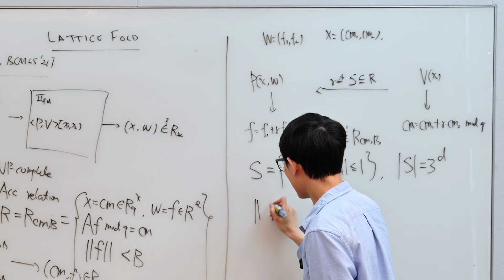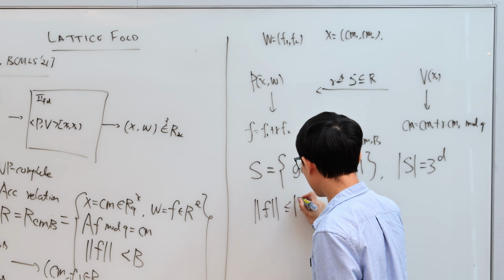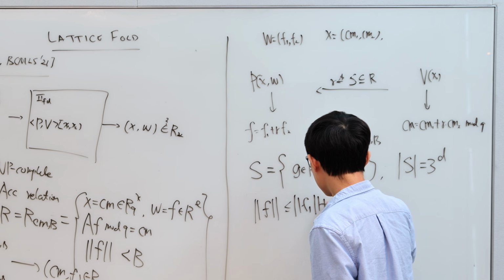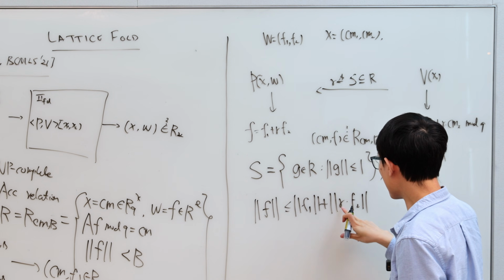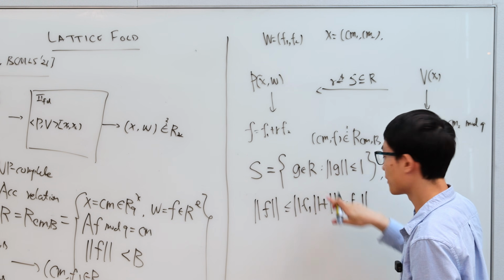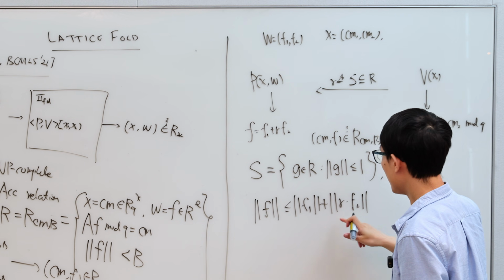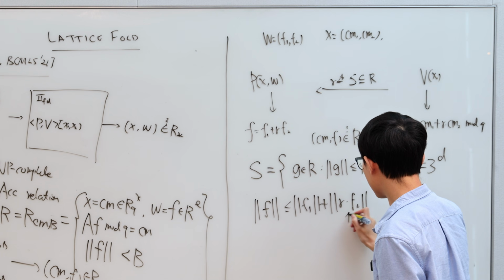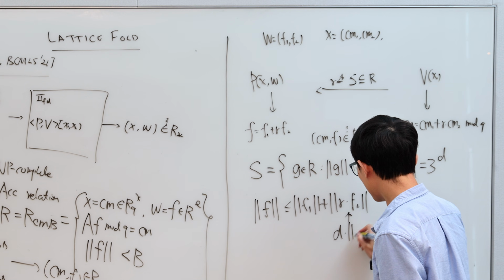First, by triangle inequality, the norm of F is less than the norm of F1 plus the norm of R F2. Because R is chosen from this set, it has only minus 1, 0, or 1 coefficients, and I can actually prove that this norm is never larger than the degree of the polynomial times the norm of F2.